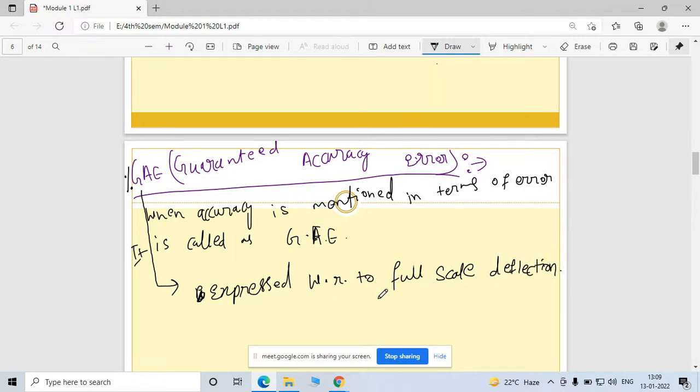Now if you express these terms with this full scale deflection, then this is nothing but your percentage guaranteed accuracy error.